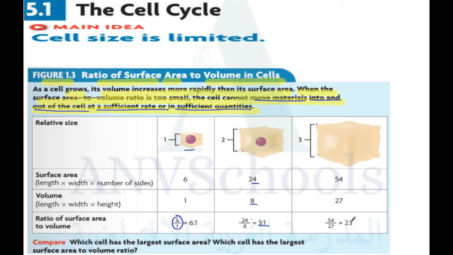So the ratio is now 2 to 1, which is half. From 6 to 1, it has reached 2 to 1.